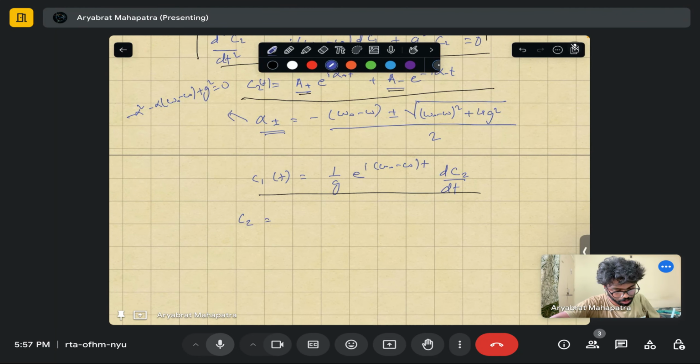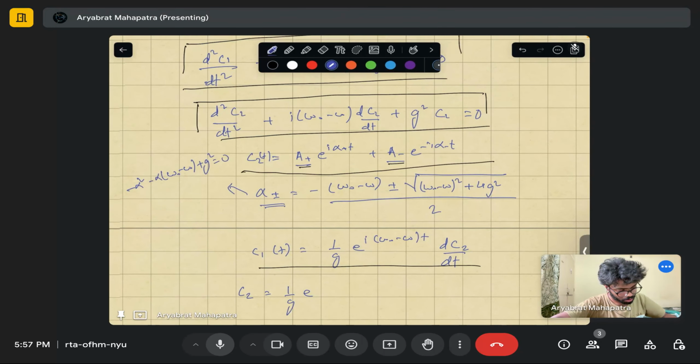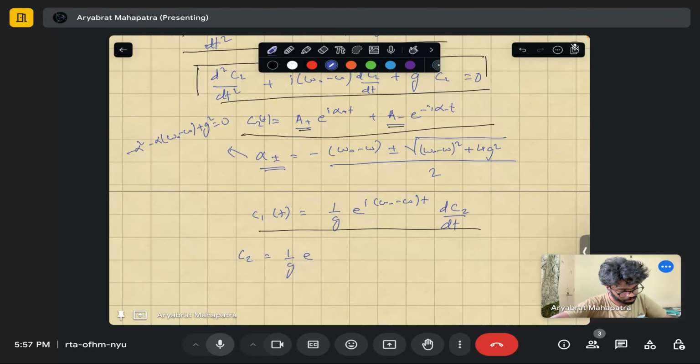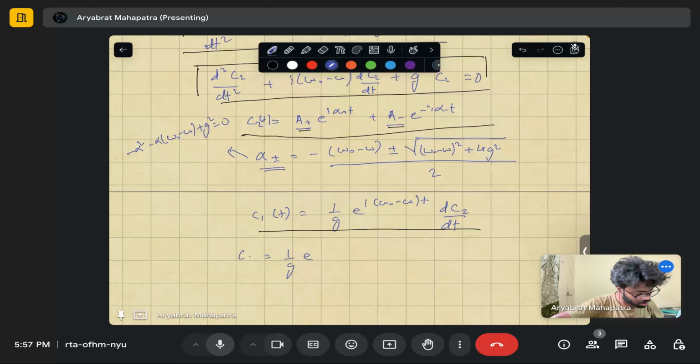C2 is 1 by Z e to the power I omega naught minus omega t, times I a plus alpha plus e to the power I alpha plus t, then minus I a minus alpha minus e to the power I alpha minus t.